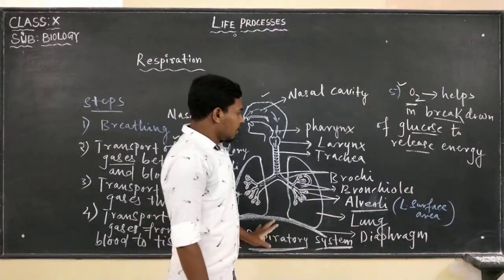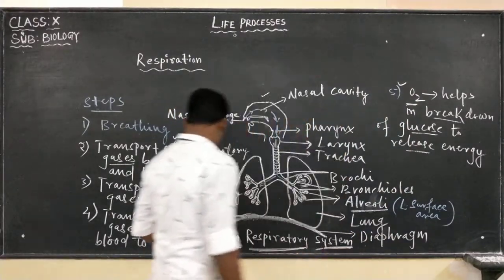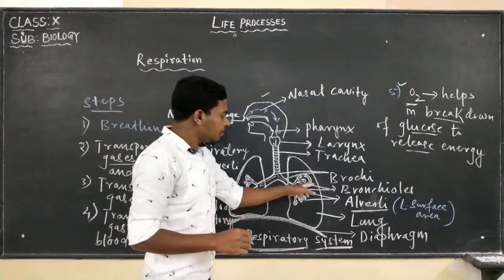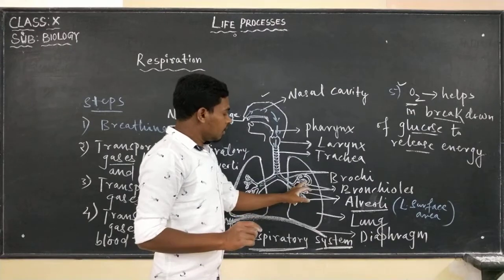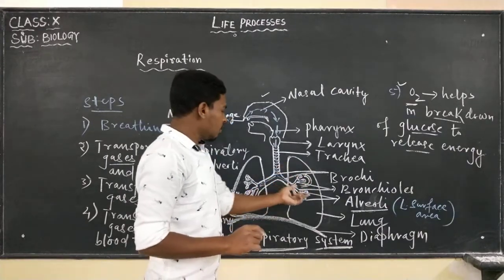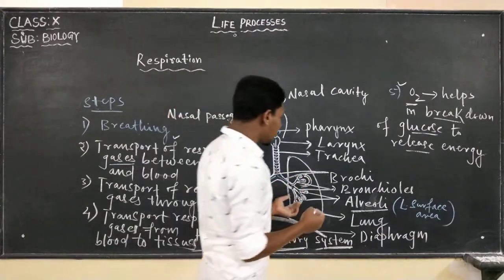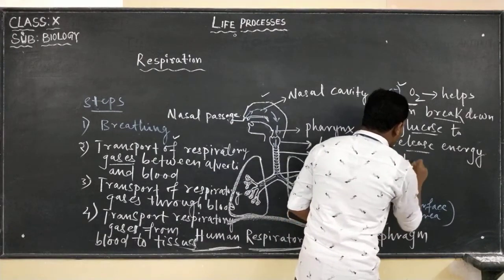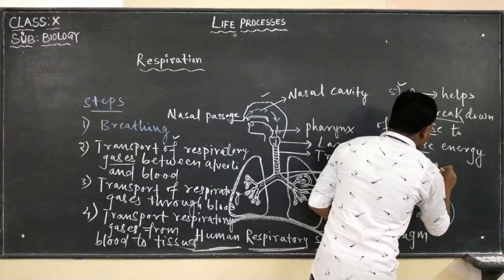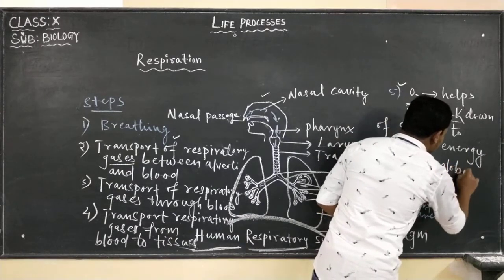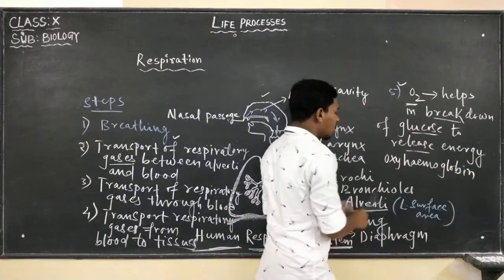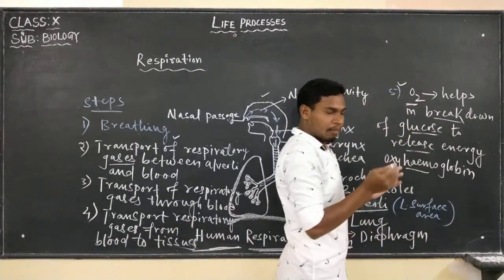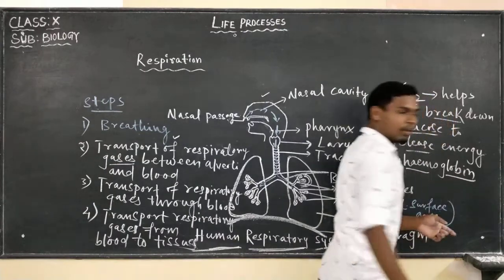So as I told you, when oxygen is diffused into the blood, if that blood is rich in oxygen, we call it as what? Oxyhemoglobin. Oxy means oxygen. Hem means the iron part of the blood cell, and globin is the protein.